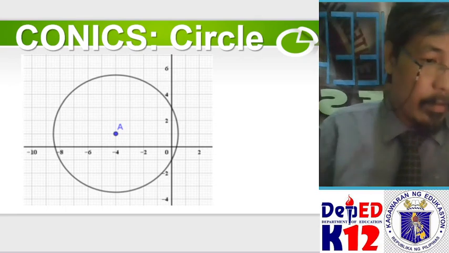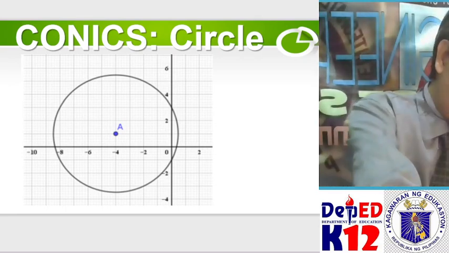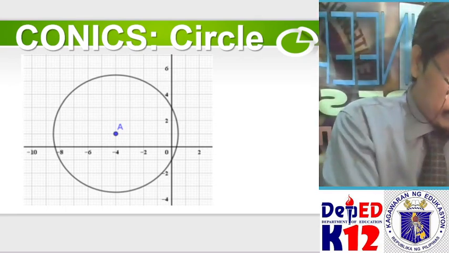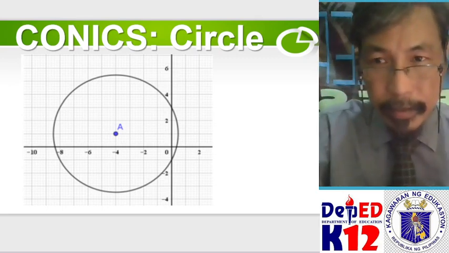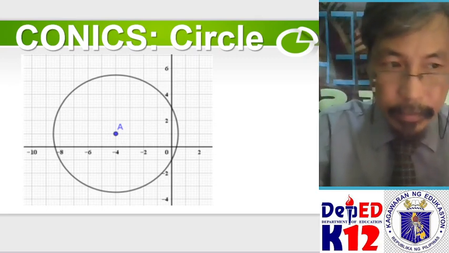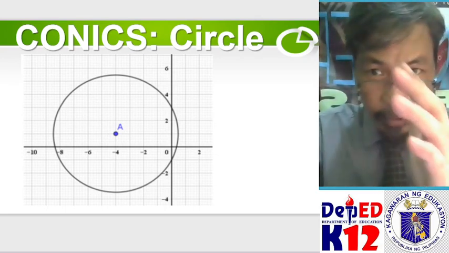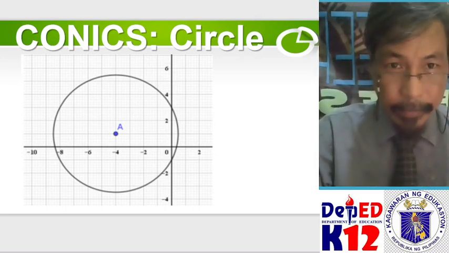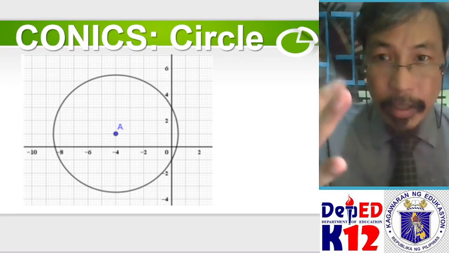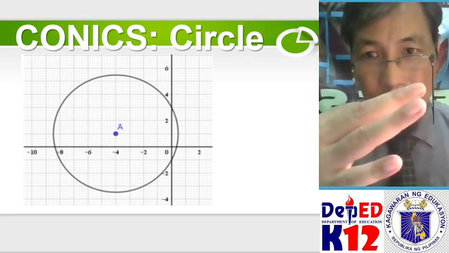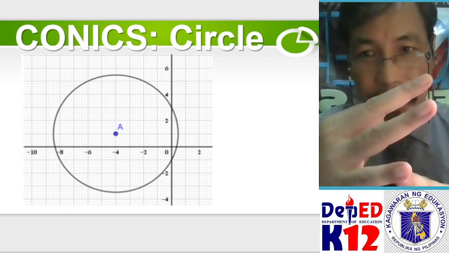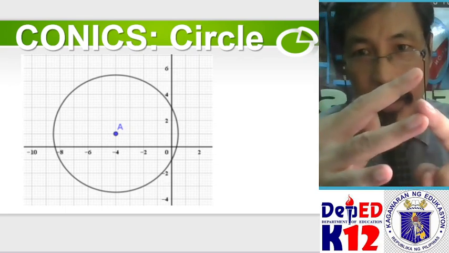As you can see in the graph, we have important characteristics there. So take a look and recall our topic. Recall there are only 3 important traits of a circle: center, point P, and radius.